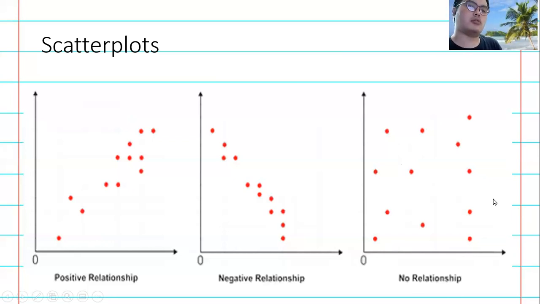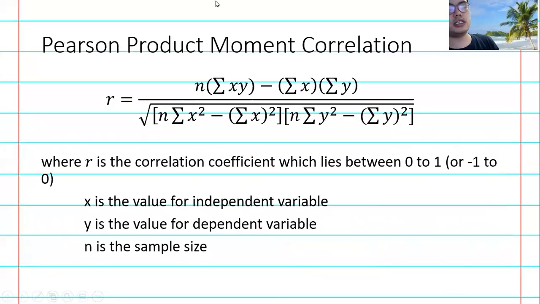Allow me to discuss this. In order to use this formula, we need to find each of the summations. Keep in mind that the correlation coefficient, also known as r, lies between 0 to 1 or negative 1 to 0.